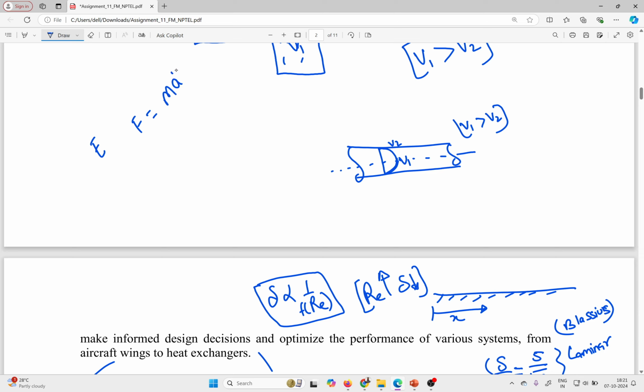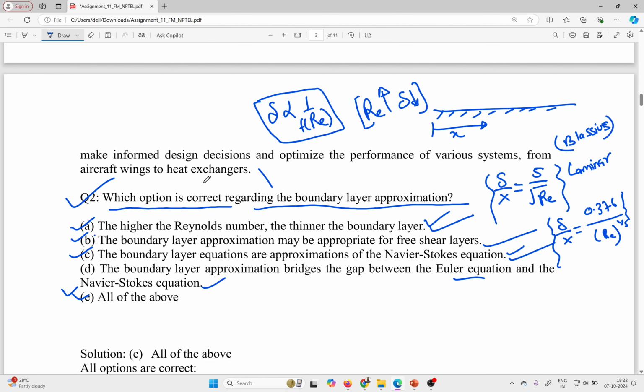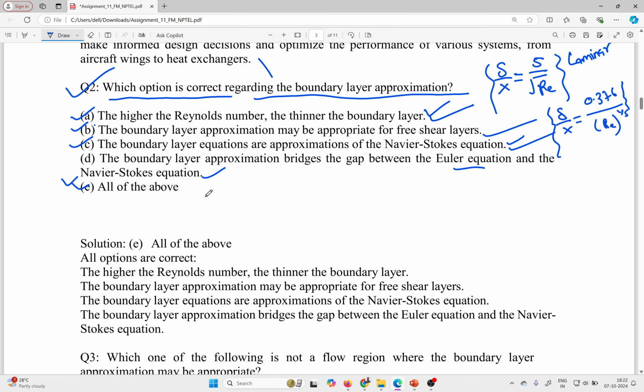We write force is equal to mass into acceleration. In the Navier-Stokes equation we also write force is equal to mass into acceleration, but here we consider the shear force. So this is the difference between the Euler equation and the Navier-Stokes equation. So all options are correct, option E.